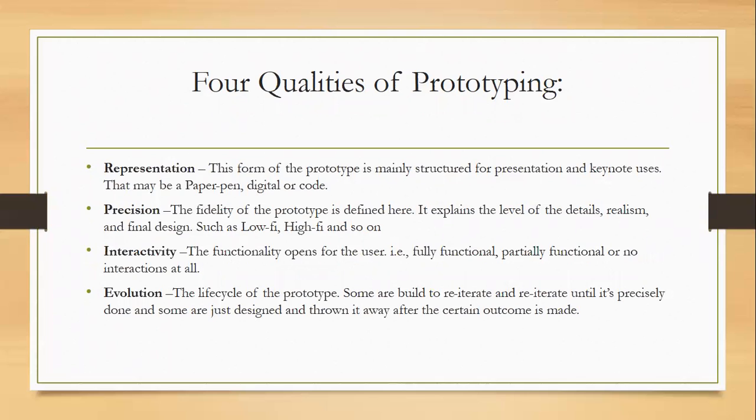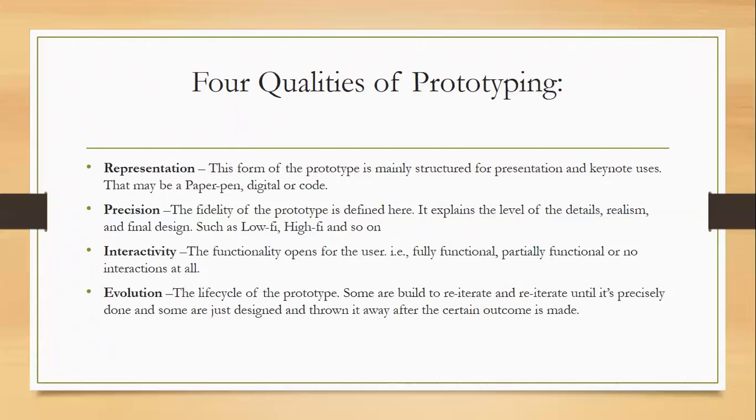Finally, we'll talk about the 4 qualities of prototyping. So first, representation. This form of prototype is mainly structured for presentation and keynote uses. And so it is important that your prototype is reflective of what you actually want to produce.